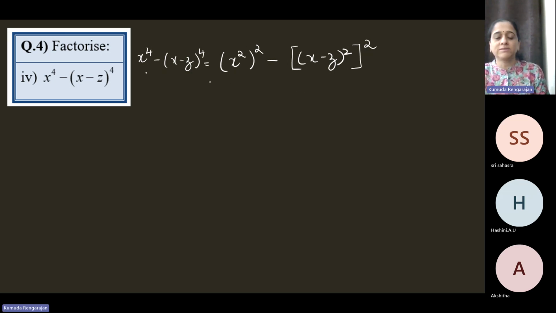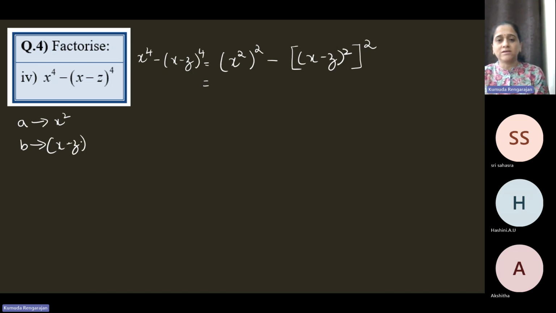Correct. Next step. X to the what power? 4. What is A? X square. And B? X minus z the whole square.